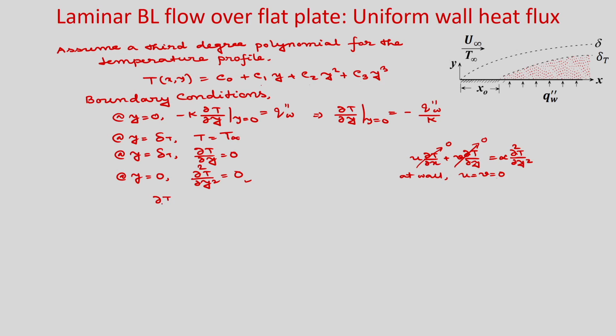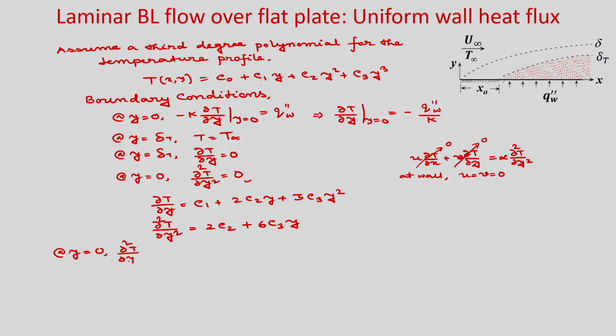So, del T by del y you can write as C1 plus twice C2 y plus 3 C3 y square, and del 2 T by del y square you can write as twice C2 plus 6 C3 y. You can see at y equal to 0, del 2 T by del y square is equal to 0.